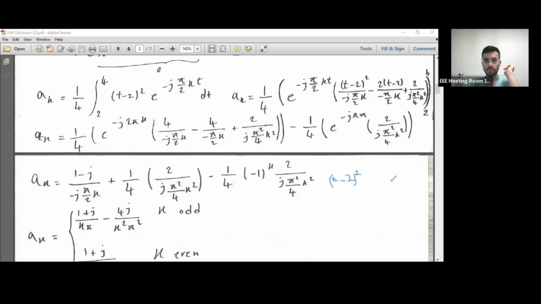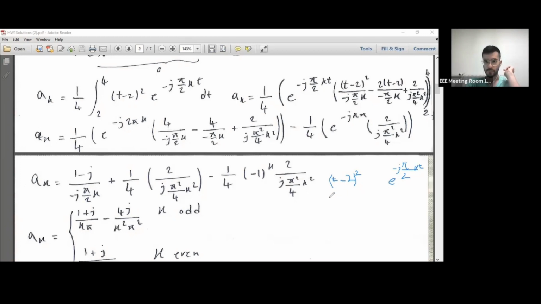One is doing this. I use this method. You need to take the derivative of this function and integral of this function.